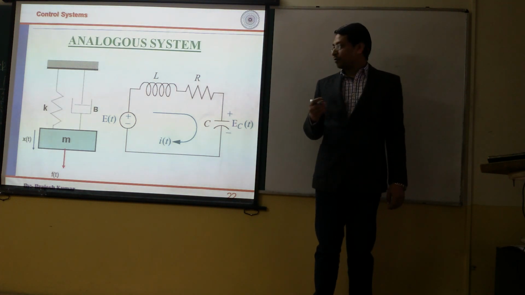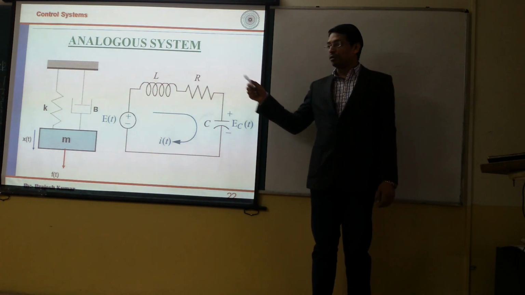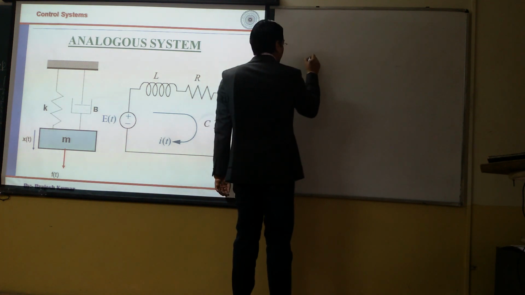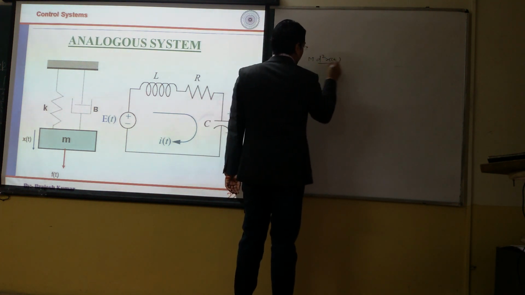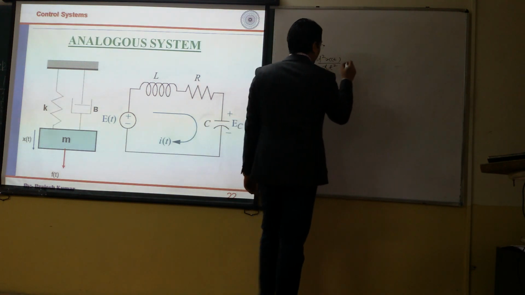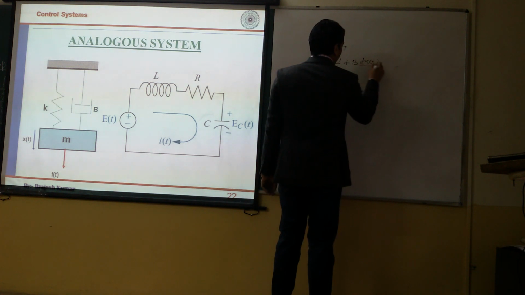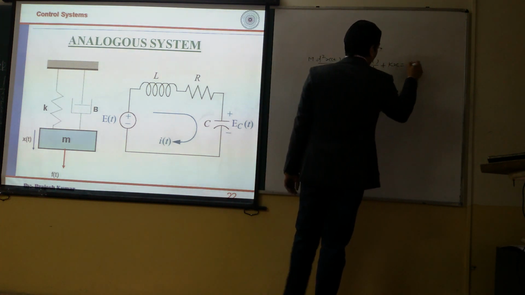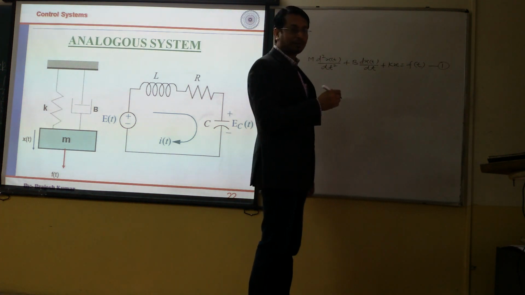Okay? For example, we have found the differential equation for the mechanical system was somewhat like this. We can say m d2x(t) upon dt square plus b dx(t) upon dt plus kx is equal to f(t), equation 1. Okay?